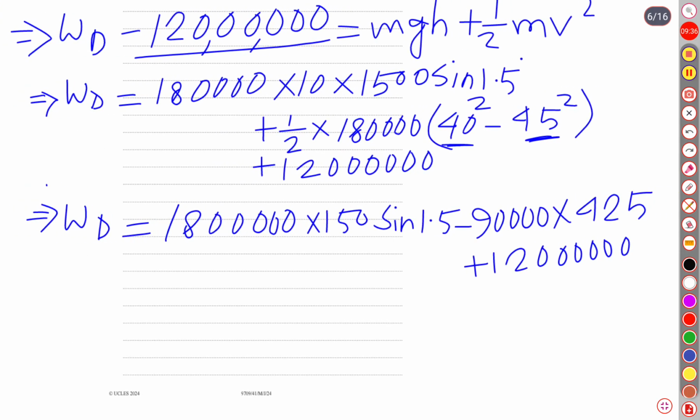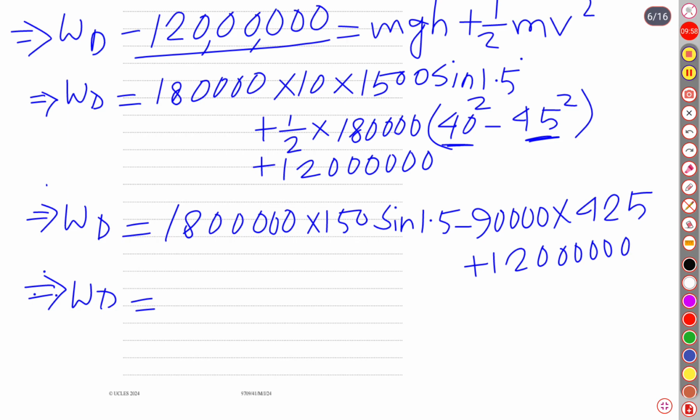Work done by driving force. No, that should not be the final stage, because they have told us to express it in kilojoule. Work done by driving force, let me use my calculator.